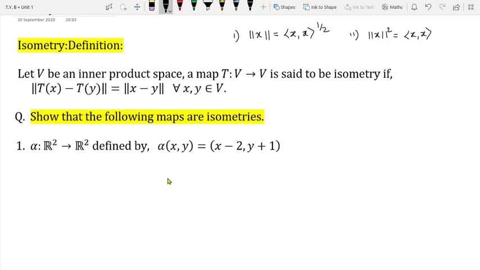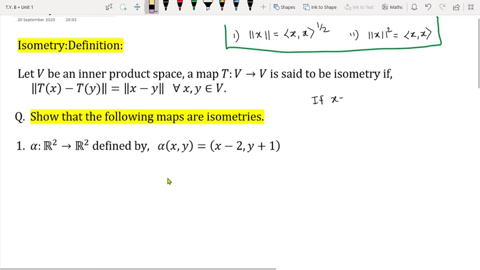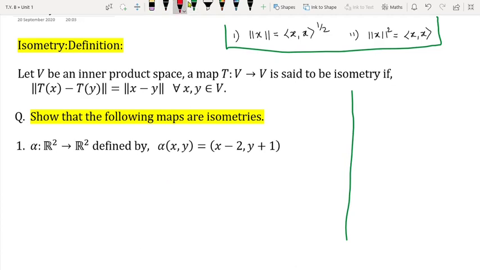Now if I am having a point, say x is equal to (x1, x2), so what will be my norm of x square?